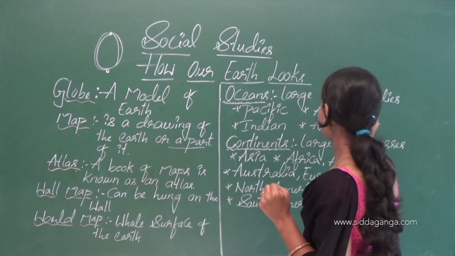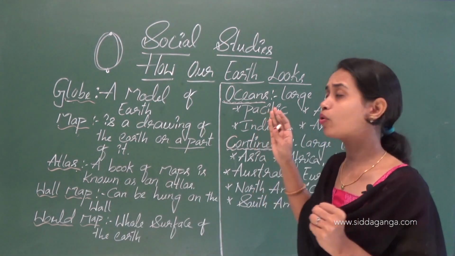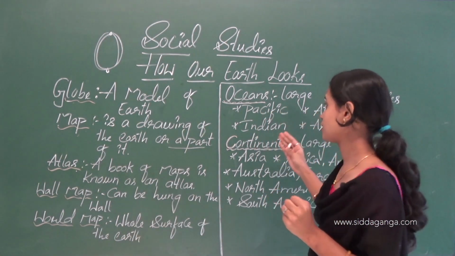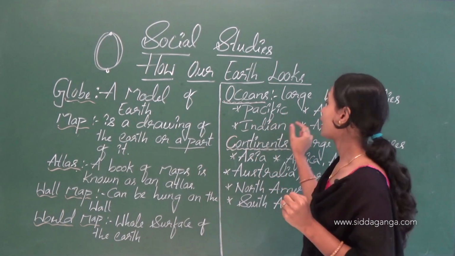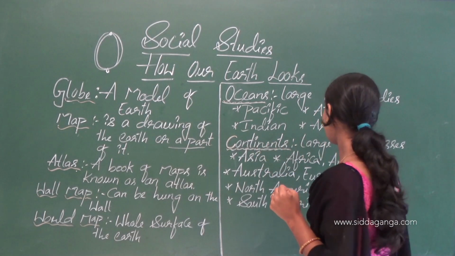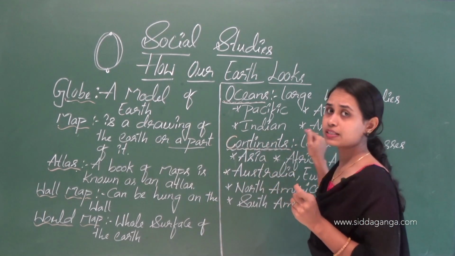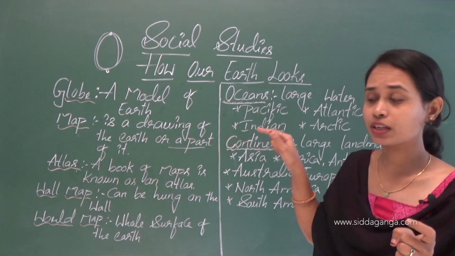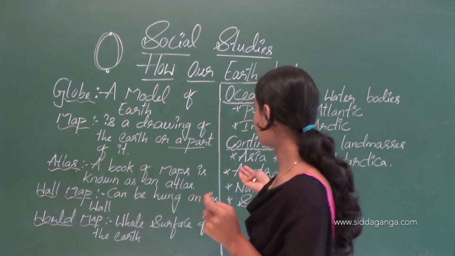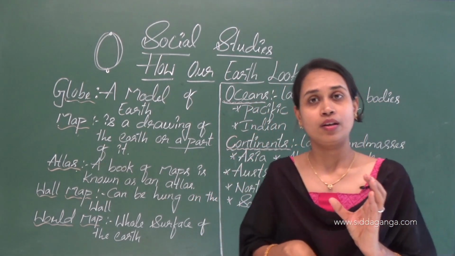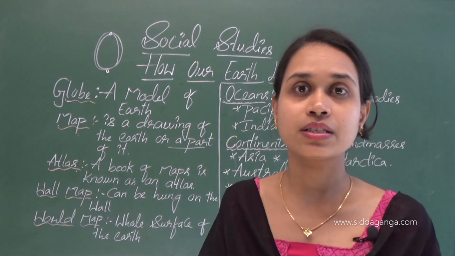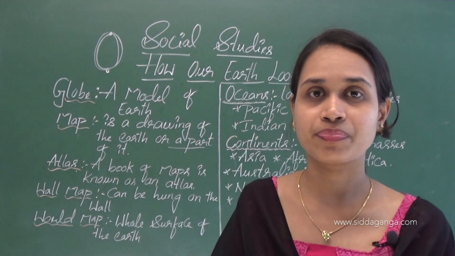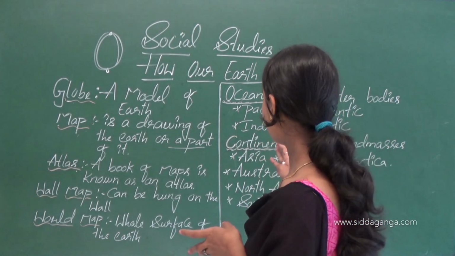The four main oceans are the Pacific Ocean, Atlantic Ocean, Indian Ocean and Arctic Ocean. And we can also see the small water bodies: gulfs, rivers, bays and seas.